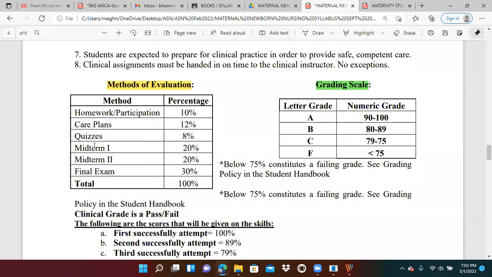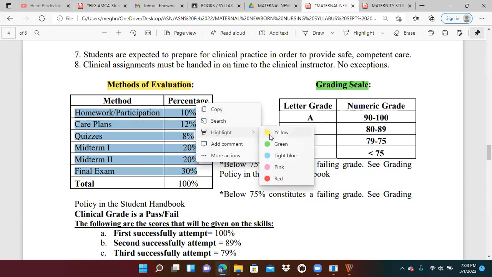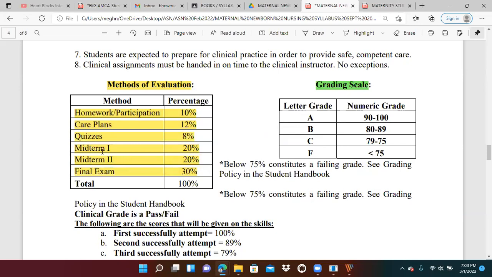Quizzes 8%, midterm 20%, midterm 2 20%, final exam 30%. All of this you are able to get in your account in Google Classroom. Today, I will show you where midterm 1 to 3 are.